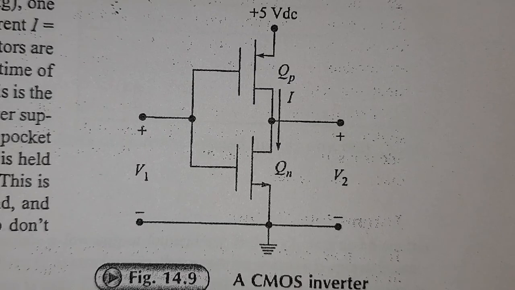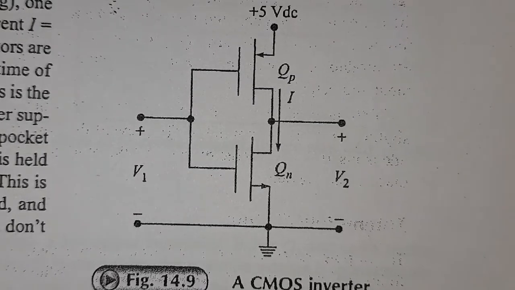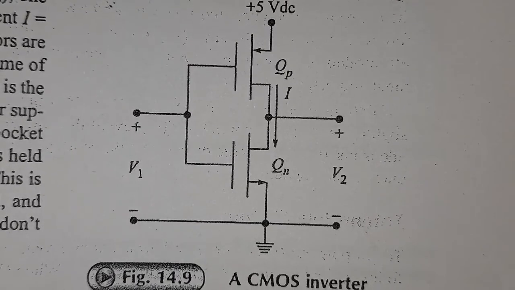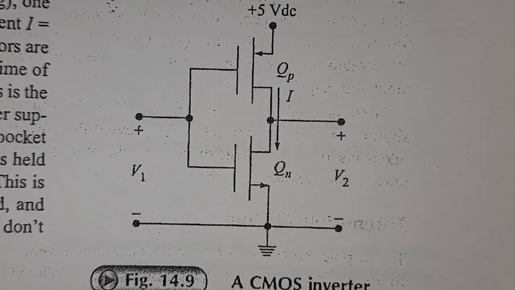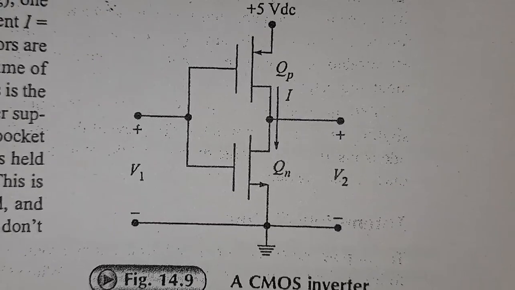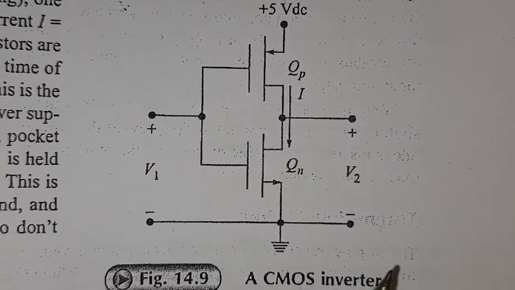If the channel is of P-type, then it is known as PMOS. And if N-channel and P-channel MOSFETs are connected together, that means these are the complementary MOSFETs, the devices are known as CMOS devices.